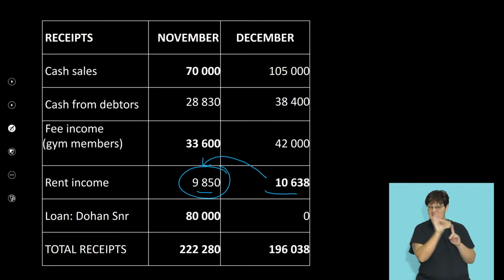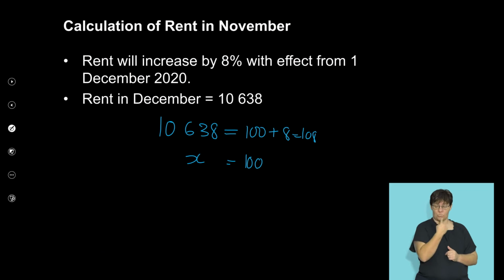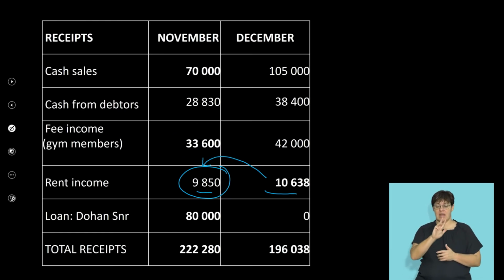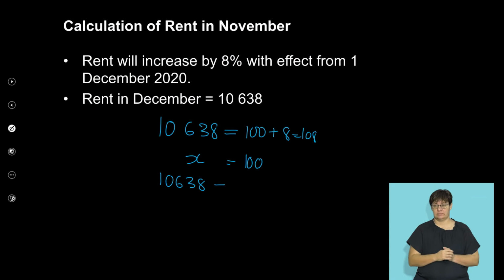Let's write this down so you can see exactly how we went about doing it. We said, firstly, take your new rental, which was 10,638, minus the old rental. Remember, we calculated it to be 9850.